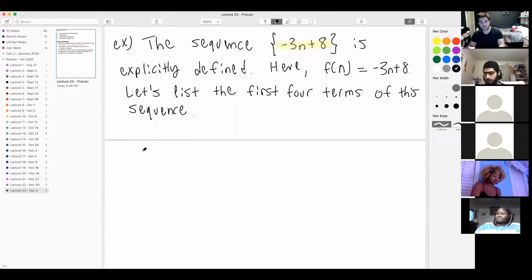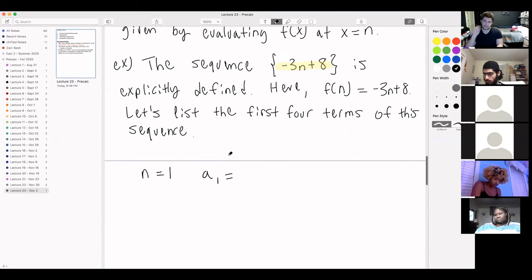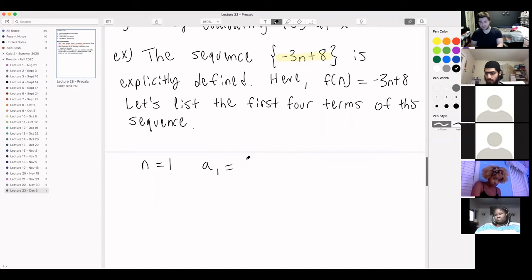So let's start with a1. This is the case when n equals 1. a1 means I go to the expression negative 3n plus 8 and plug in n equals 1. That will be the first term. So it's negative 3 times 1, plus 8, and this is 5. So that's the first term of the sequence.